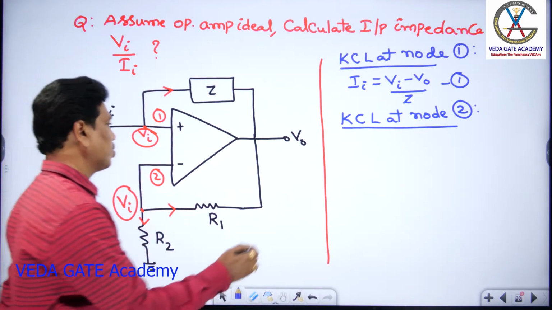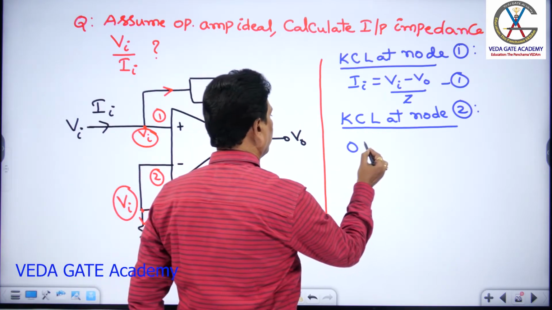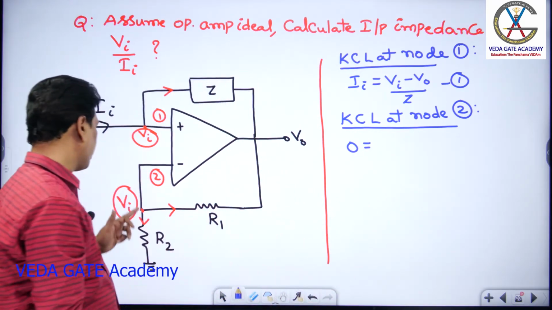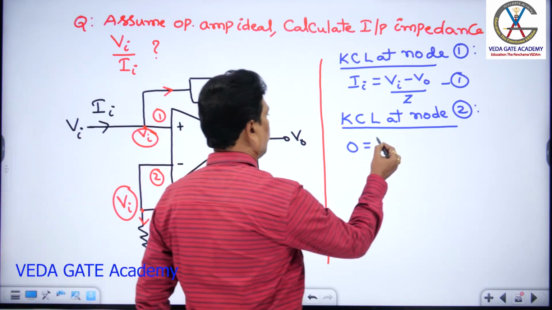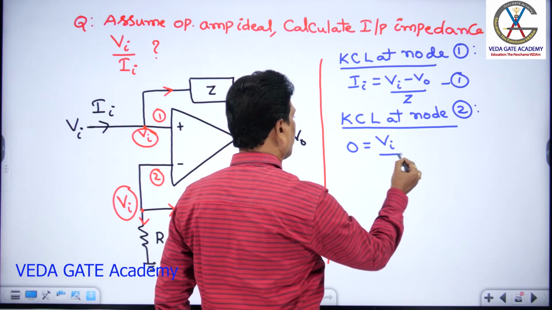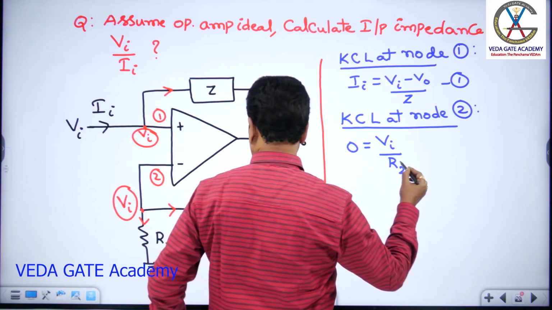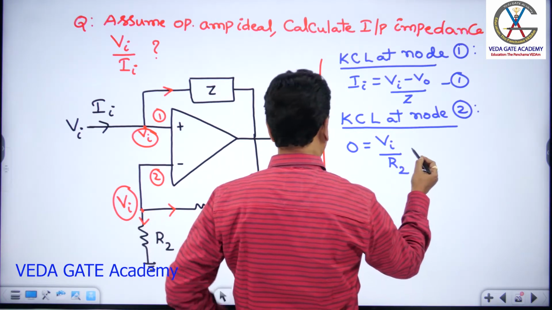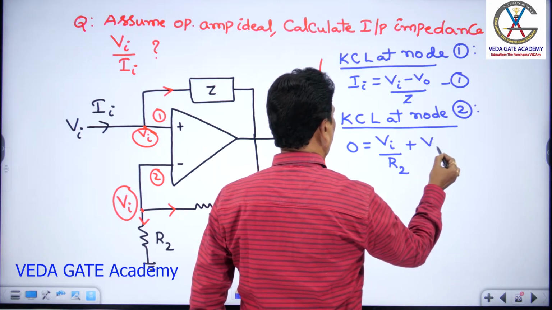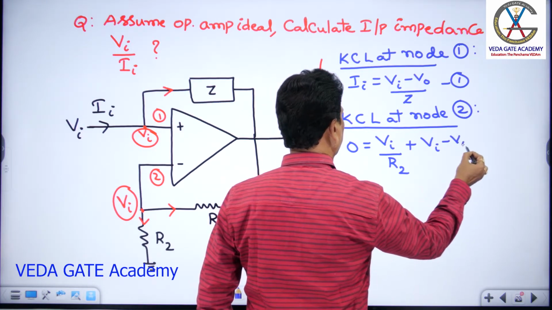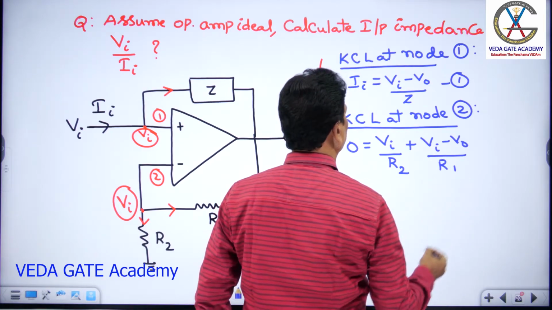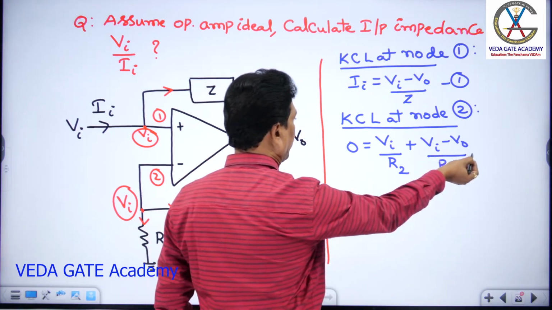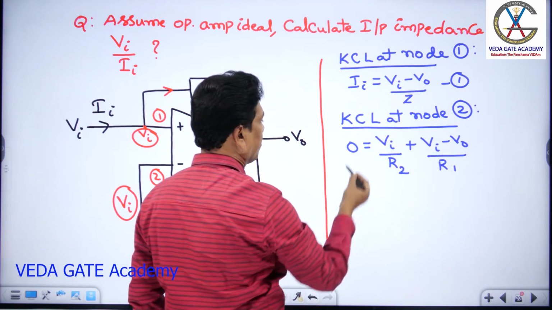So incoming is 0, and outgoing is (Vi minus 0) by R2, that is Vi by R2, plus Vi minus V0 by R1. Now I can calculate V0 and substitute to get the impedance.